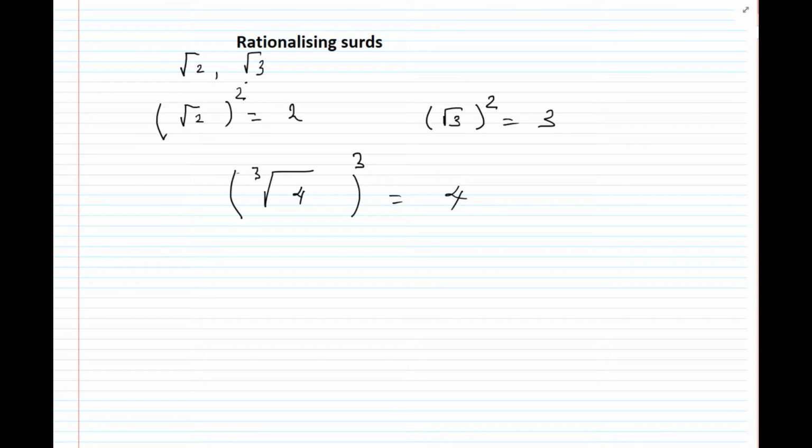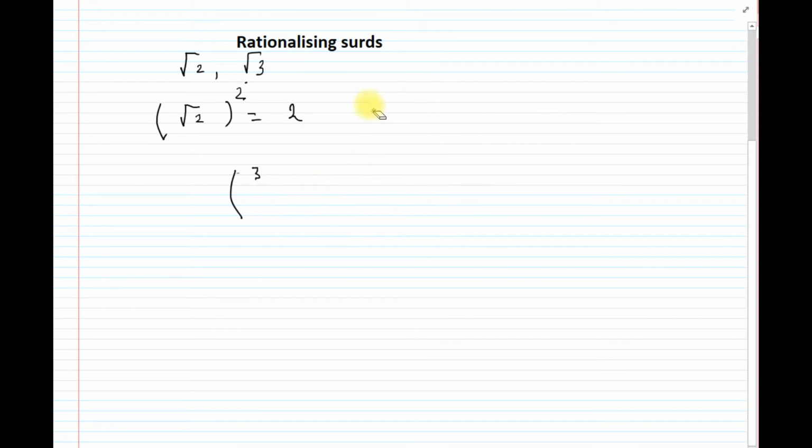Like everything else in maths, we do everything by way of examples to give us enough practice. The simplest situation of a denominator with a surd is things like, say, 1 over square root of 5, and we want to rationalize the denominator.